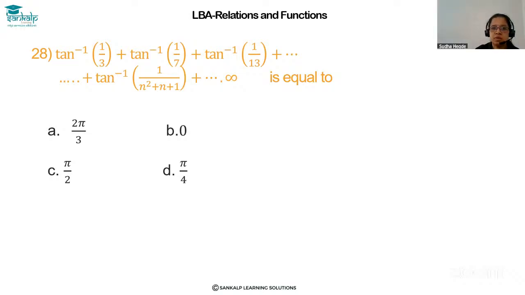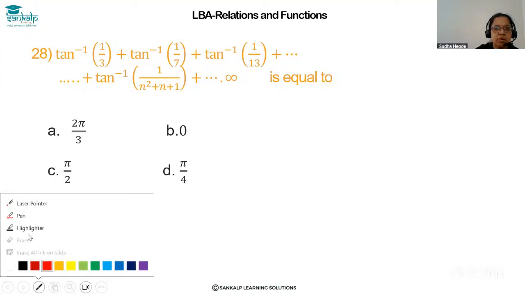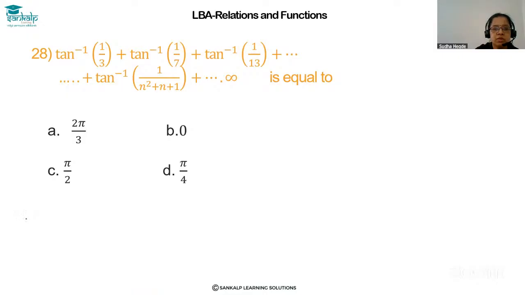Hi students, the question is tan inverse 1 by 3 plus tan inverse 1 by 7 plus tan inverse 1 by 13 plus so on plus tan inverse 1 by n square plus n plus 1 plus so on up to infinity is equal to what?